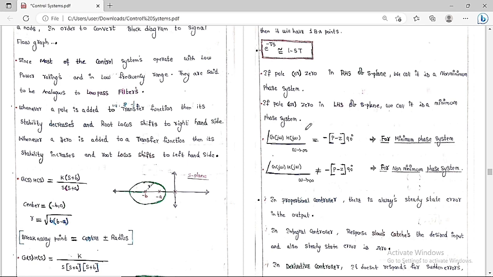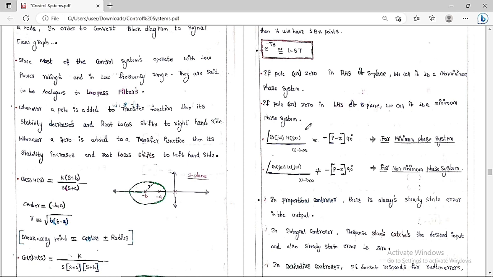Based on this, we can say they are analogous to the low pass filters.